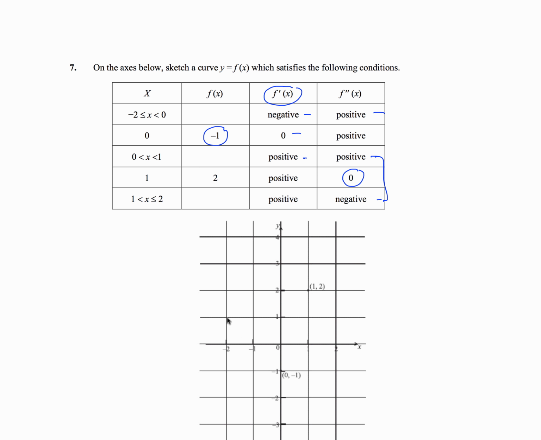So I am minimum and change of concavity. Fine, that makes sense. Good. Yeah, minimum, I'm decreasing, I'm increasing, I'm concave up, I'm concave down, point of inflection, and a minimum.